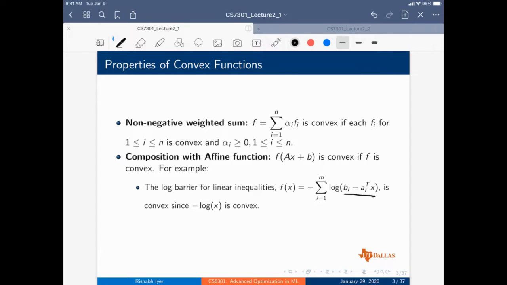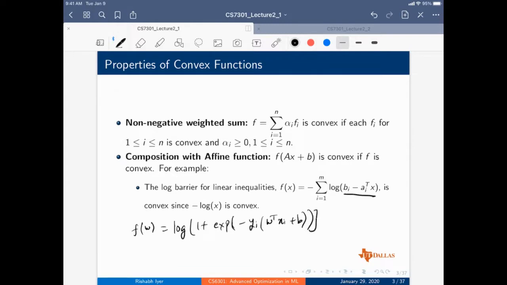Another function which I have not added here, but which all of you are very familiar with in machine learning, is log of 1 plus exp raised to minus w transpose x_i, or maybe there's a y here, so exp raised to minus y_i multiplied by w transpose x_i plus b.